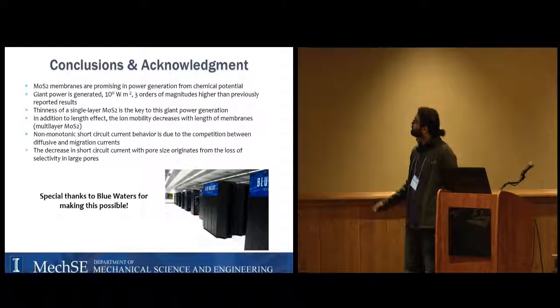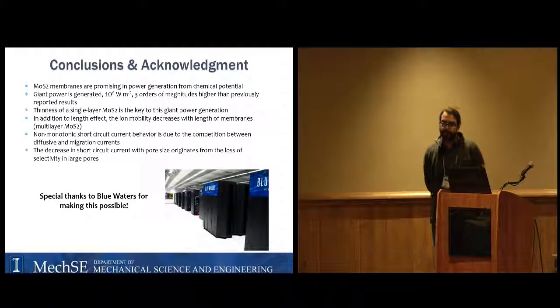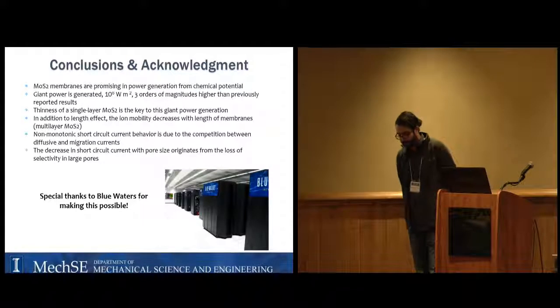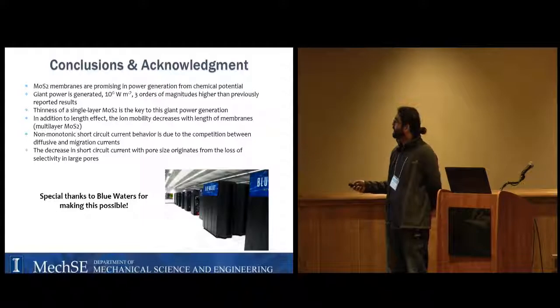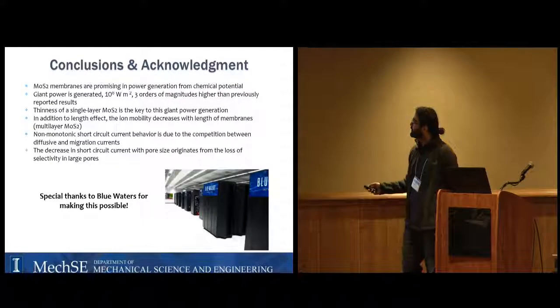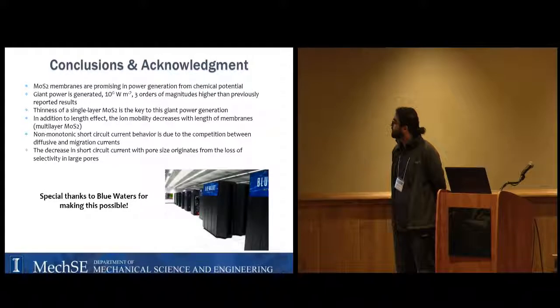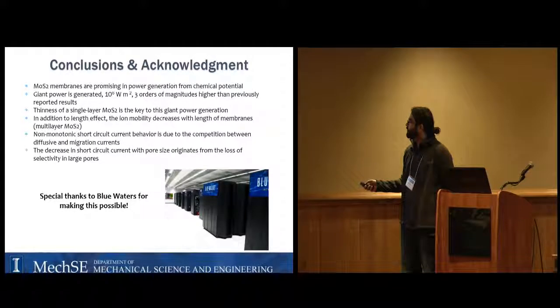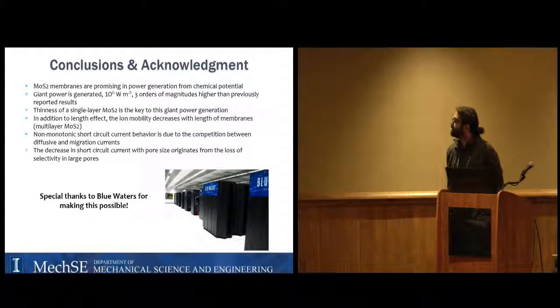We also observed that, in addition to the length effect, the ion mobility decreases substantially with the length of the membranes. And using our simulations, we were able to explain some of the behavior that wasn't obvious at first in experiments, like the non-monotonic behavior of the short circuit current with the concentration ratio.